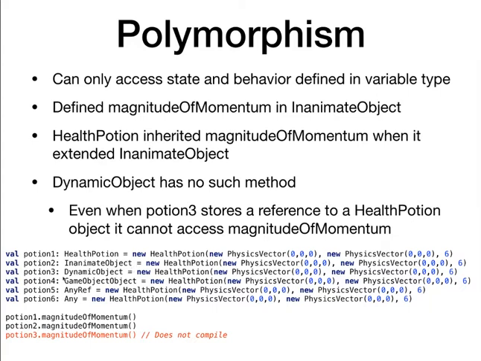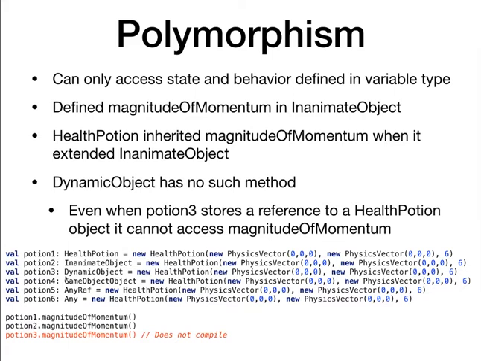But as soon as we go to potion 3, which is a dynamic object, and try to call magnitude of momentum on it, a dynamic object does not have a magnitude of momentum method.